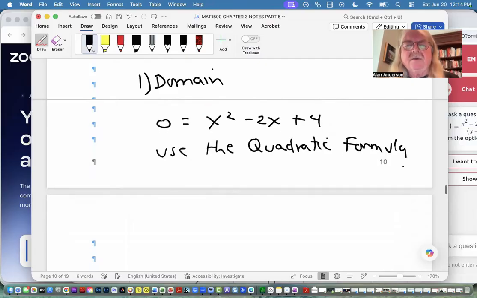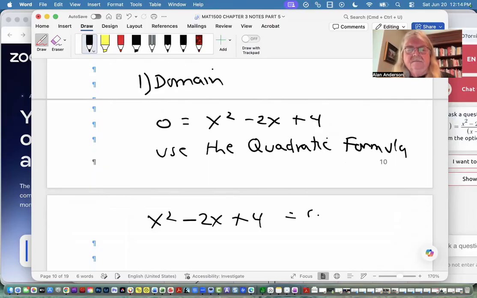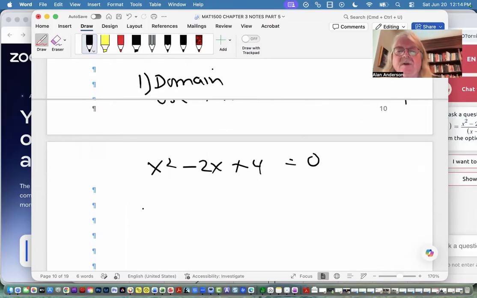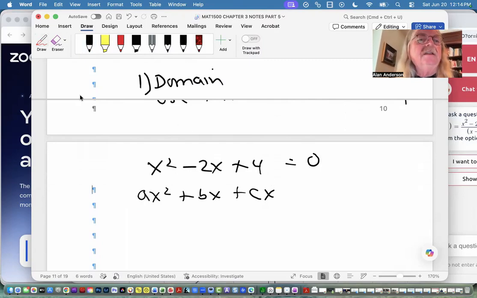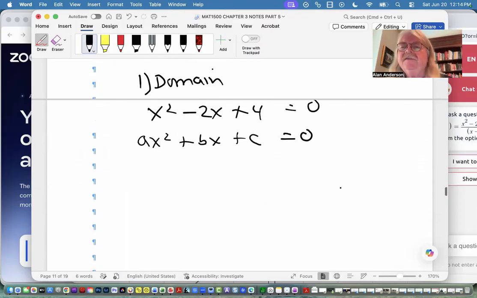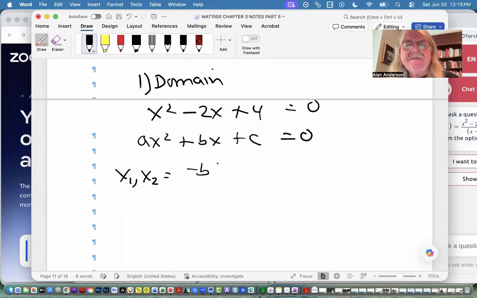All right, so let's remind ourselves how that works. Just in case it's been a while since you used it, for any quadratic equation, ax squared plus bx plus c equals 0, the values of x are minus b plus and minus the square root of b squared minus 4ac, all over 2a.